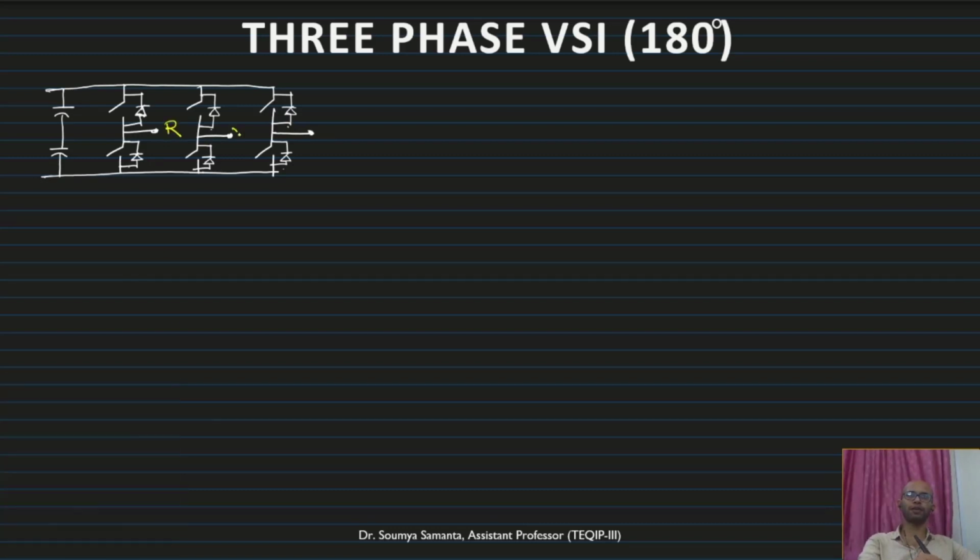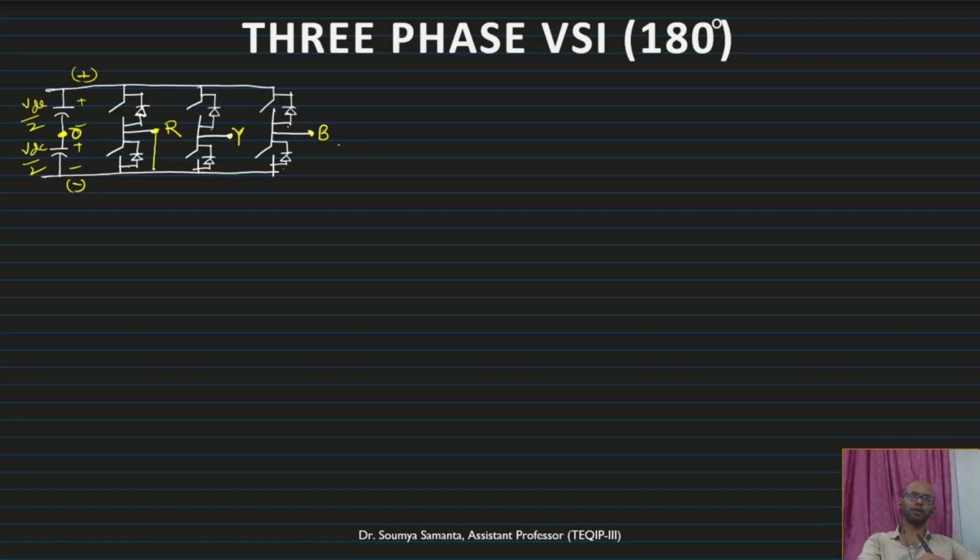This is the R phase, Y phase. This is the pole, basically: the pole of the R phase, pole of the Y phase, pole of the B phase. This is the DC bus voltage midpoint O. Each of these voltages is VDC by 2. This is the positive DC bus, this is the negative DC bus.